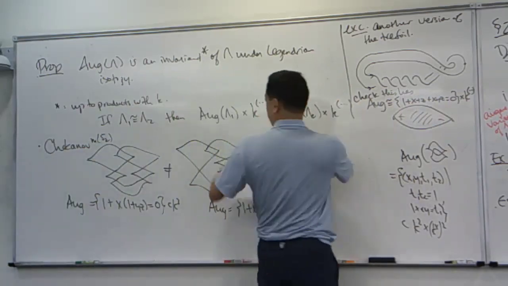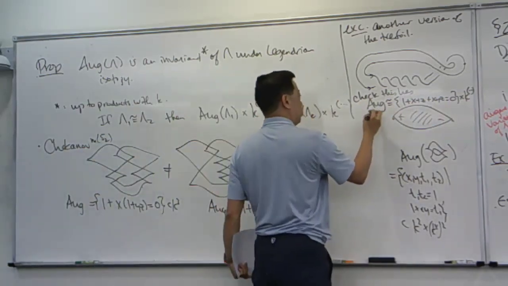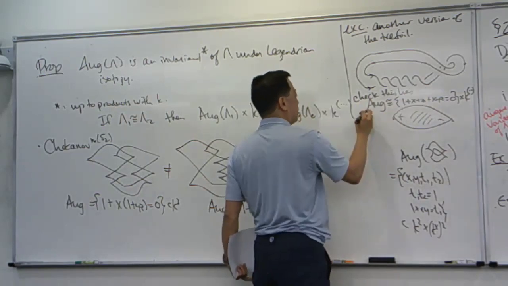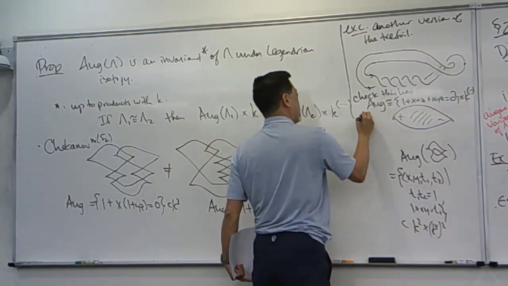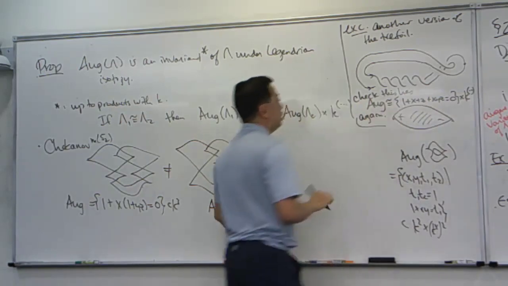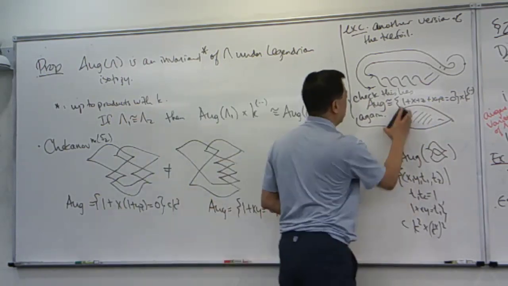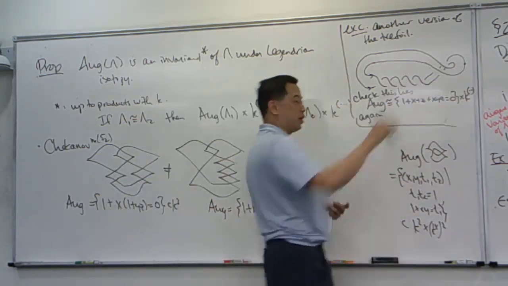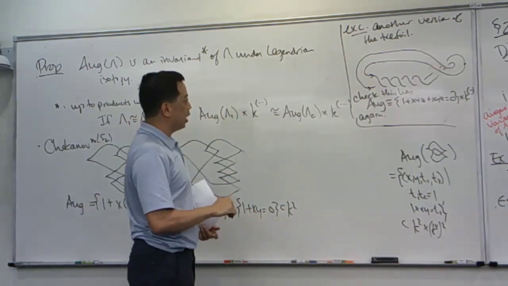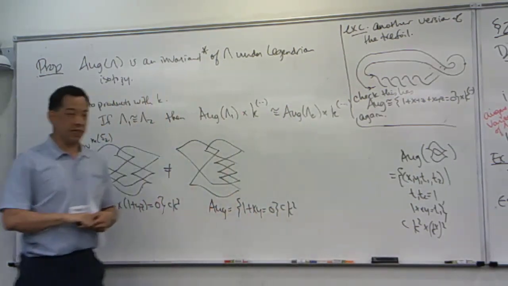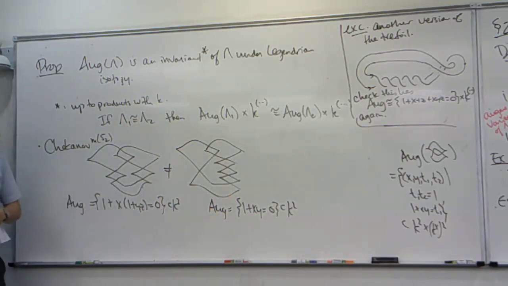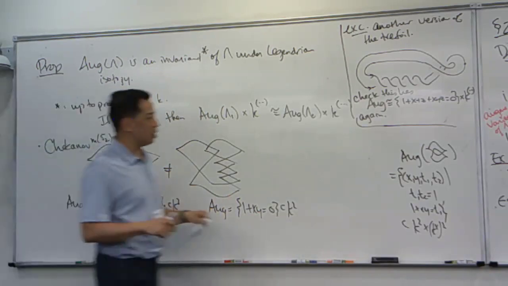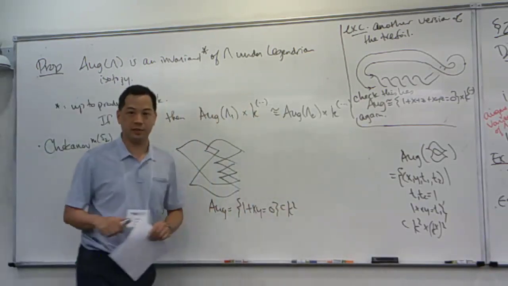So this result says that it has to look like this, maybe, but in fact it's this actually. And the nice thing about this version as opposed to that one there is that in this case all of the disks are embedded, so they're a little bit easier to see. The trade-off is that there are more Reeb chords to keep track of.